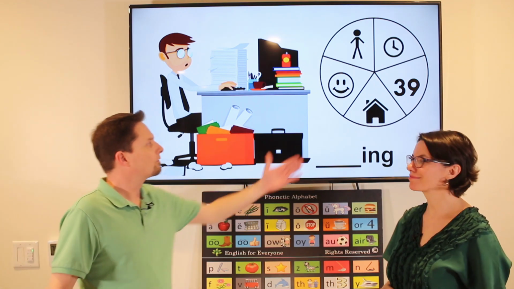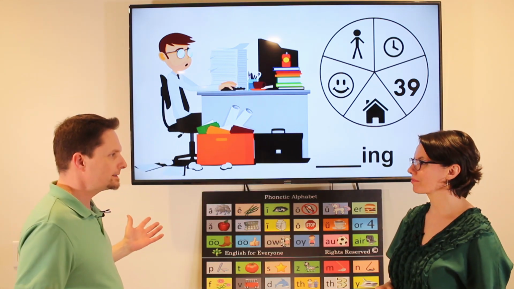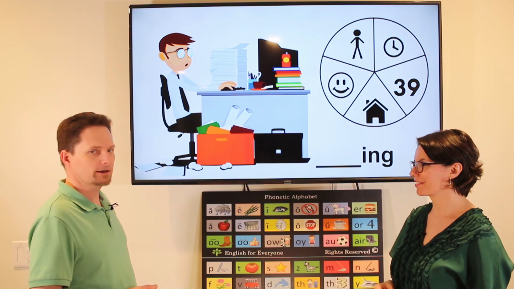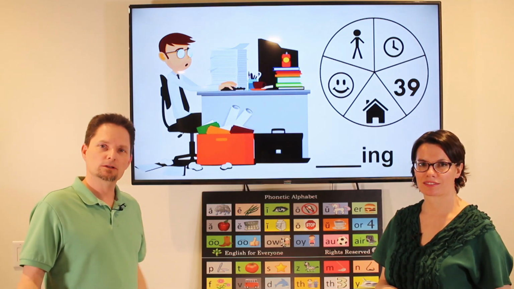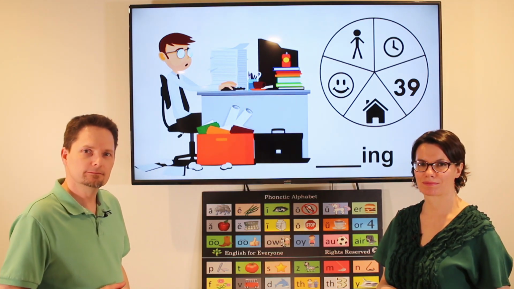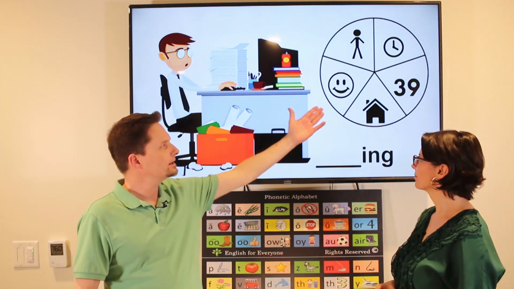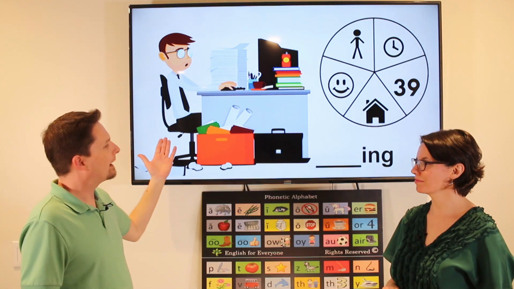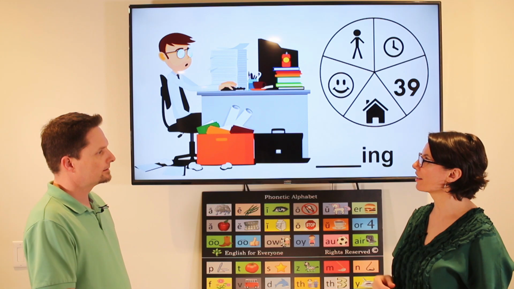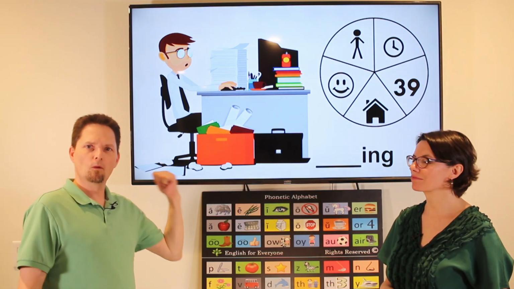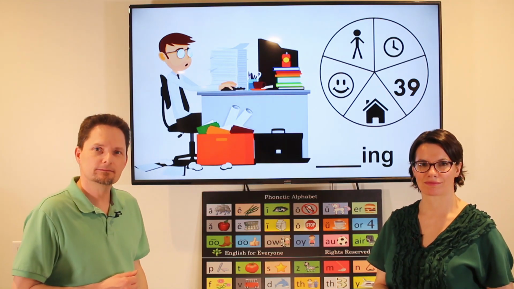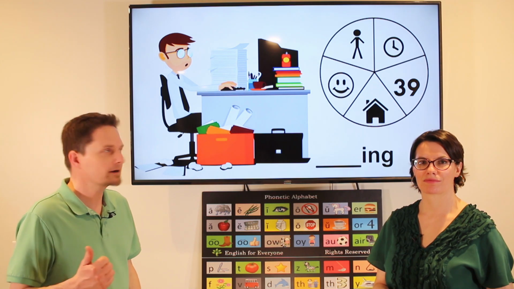Very good. For location. Where is he? He's at work. Very good. Where is he? Respond. Very good. For years. How old is he? He's 39. Very good. How old is he? Respond. Very good.